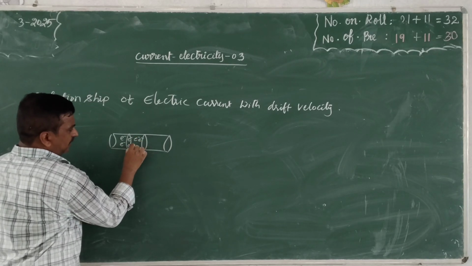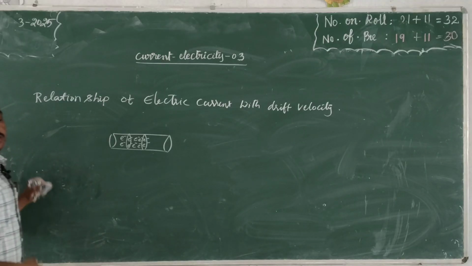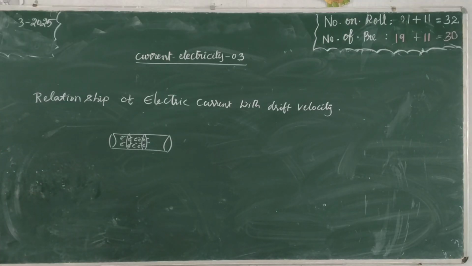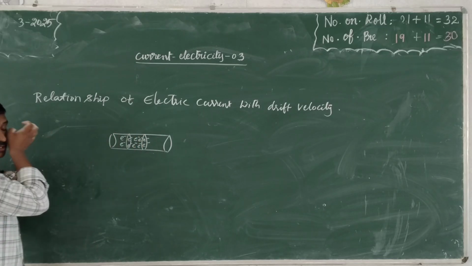See, what is electric current? Net charge flowing through the cross section of a conductor in unit time. It is connected to a wire. Some charge is flowing through this.